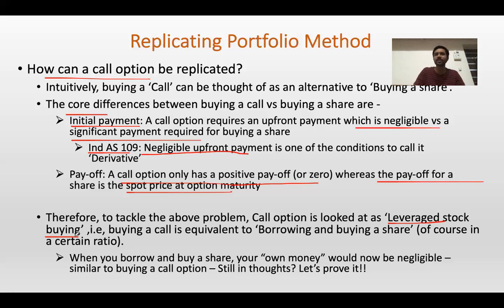Okay, when you invest 2000 in buying a share, irrespective of what the share price is on maturity, you will have to repay the borrowing back to the lender, right? So if let's say the share price is 2200, you will take 2200, and you have to repay 1900 plus some interest.